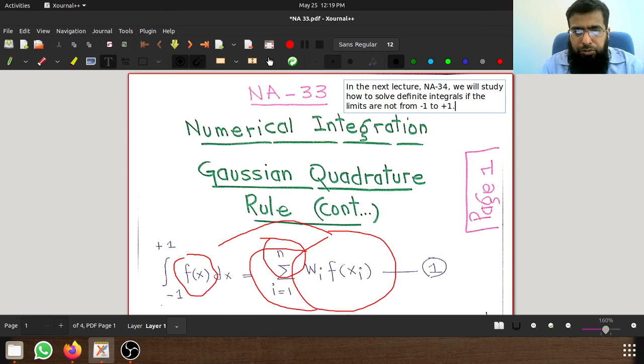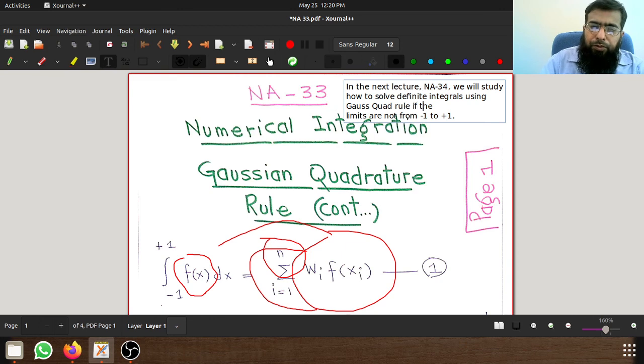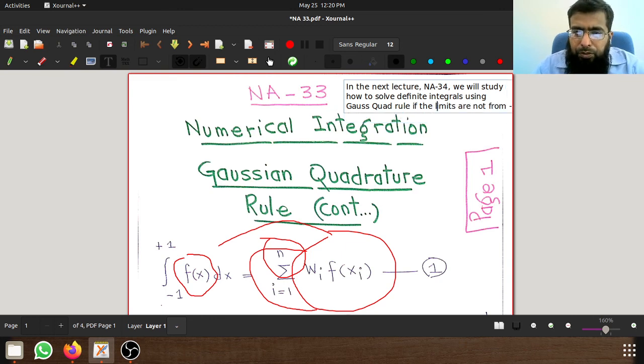So we'll see how to solve these definite integrals using Gauss quadrature rule if the limits are not from -1 to 1. So we'll see that in our next lecture.